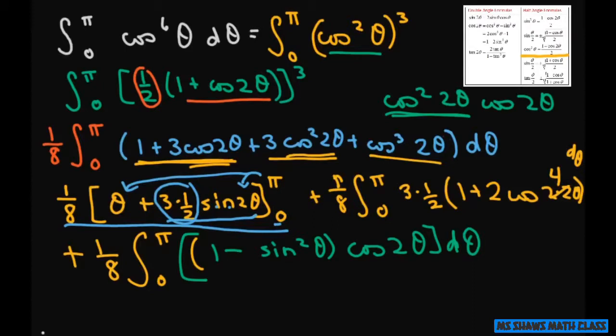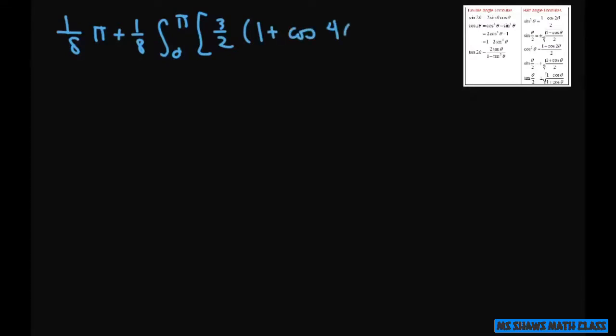So basically, this first little piece here is just going to be 1/8 pi. So let's write that down, 1/8 pi. And I'm going to go ahead and copy down the rest here. So we had plus 1/8, 0 to pi. And then we had 3/2, 1 plus cosine of 4 theta d theta. That's that first part.